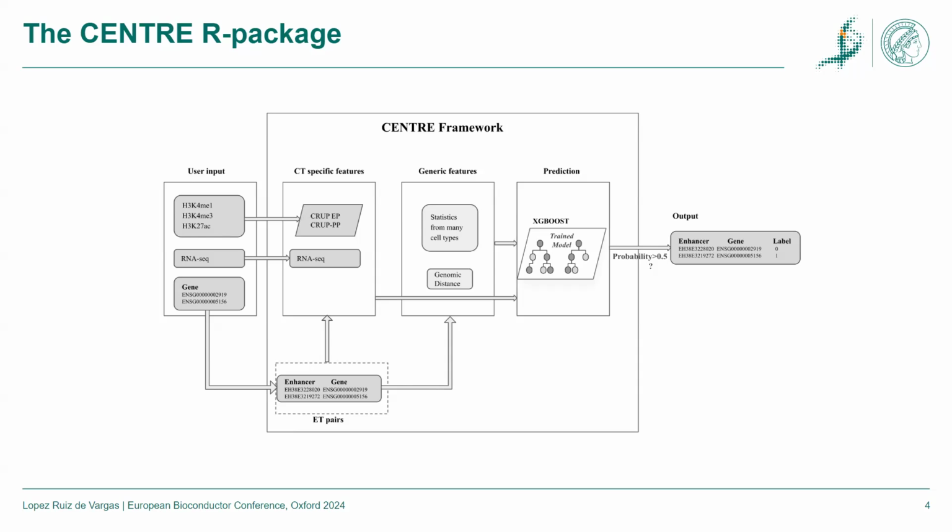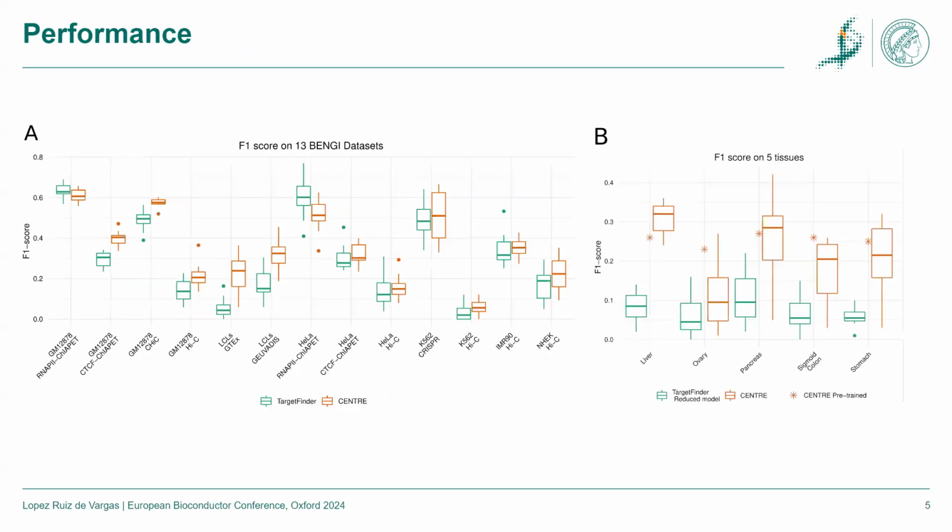Then we feed all of these to a pre-trained XGBoost classifier. It's pre-trained, you don't need to train it yourself. And then you just get a label for each of the gene enhancer pairs, which says whether it is active or not active, and a probability as well.